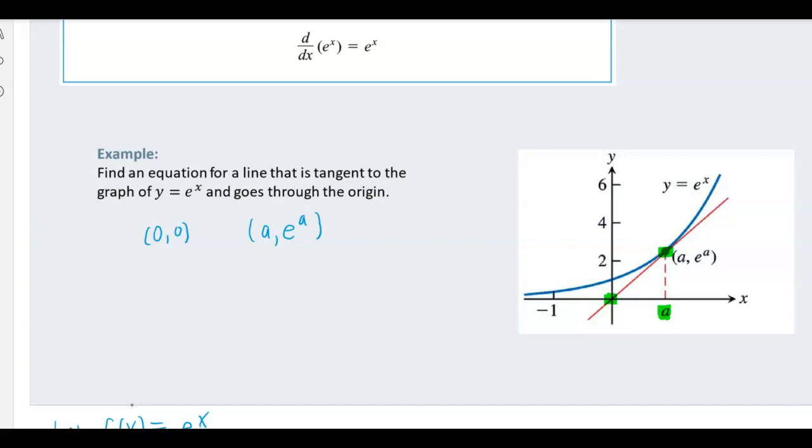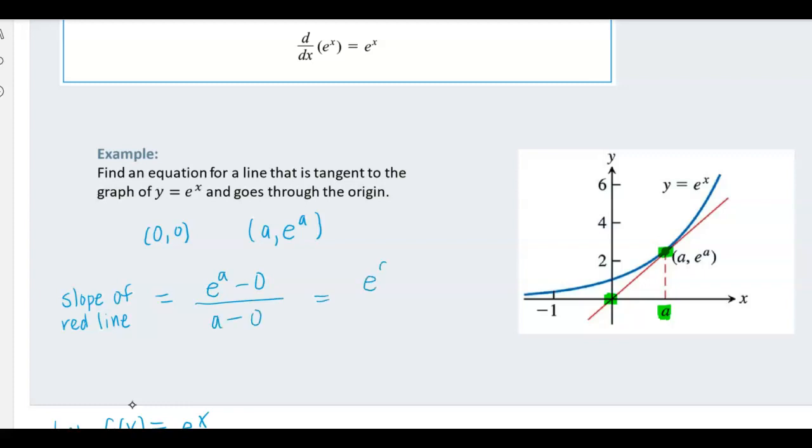So we know that the slope of that particular line will be the y values, e to the a minus 0, over the x values, a minus 0.